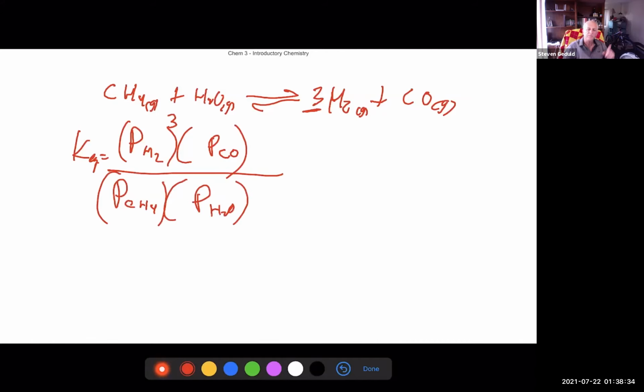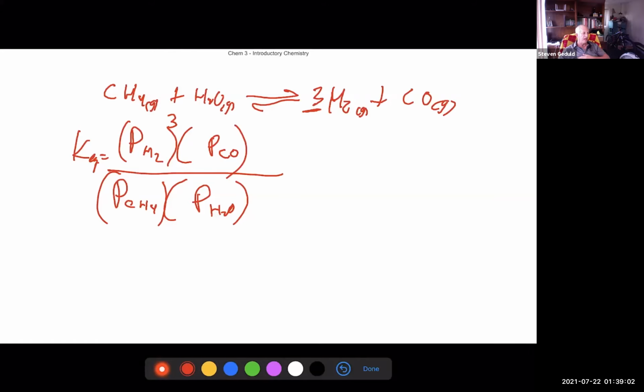Now, before you yell at me, water is included in this because water is in the gas phase and it exerts a pressure. If water was in the liquid phase, you would not include it. Remember, I said pure liquids and solids are excluded. Water is a pure liquid when it's in the liquid state. So when water is in the gas phase, it is included in the equilibrium expression.